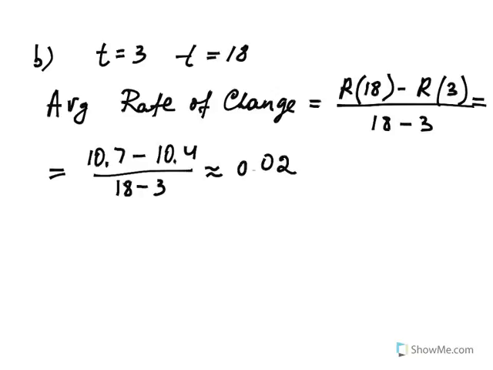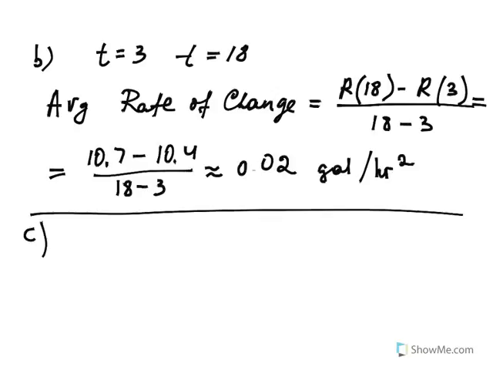Now units. We found the rate of change of R of t, and R of t is the rate, so you're looking for a rate of rate, so that means we're using the same units, gallons per hour squared.